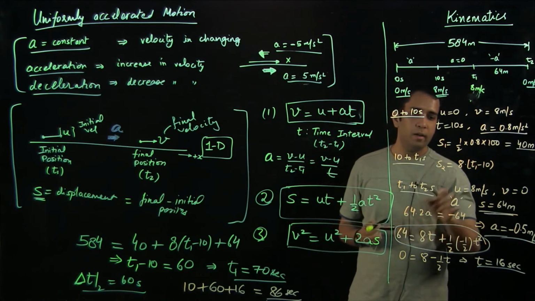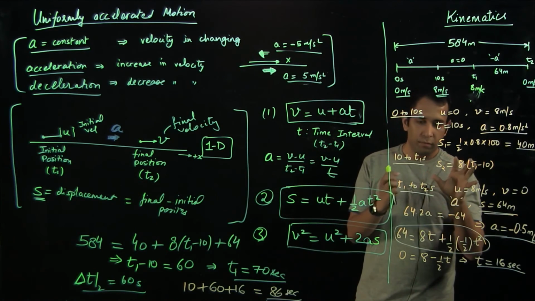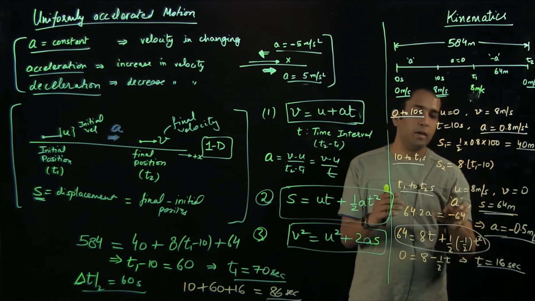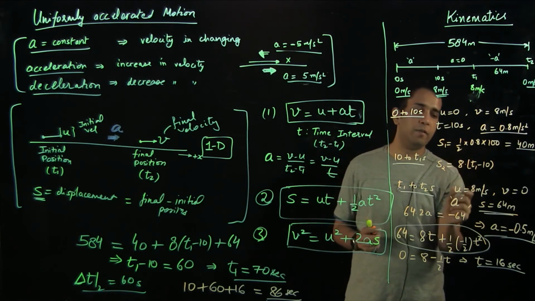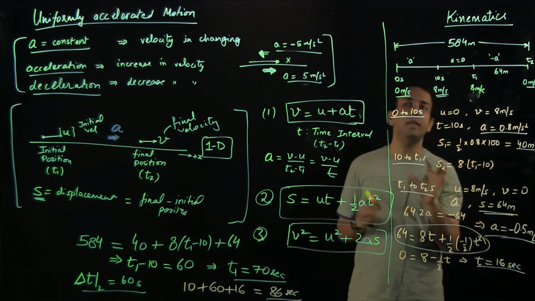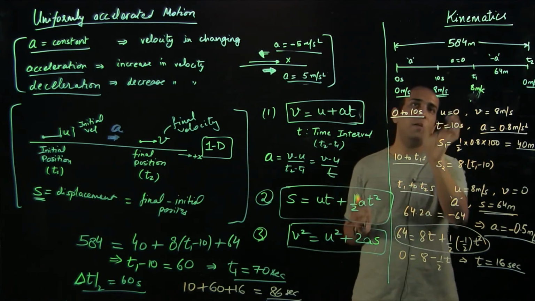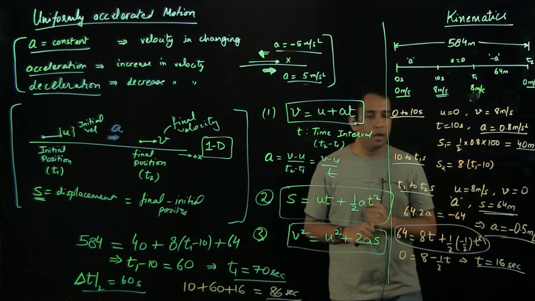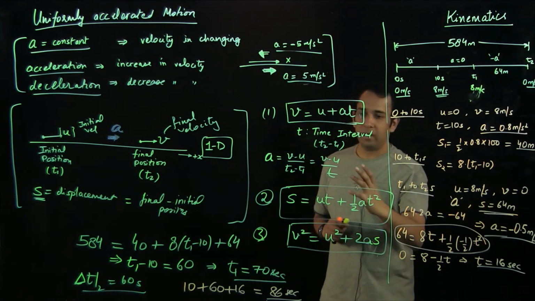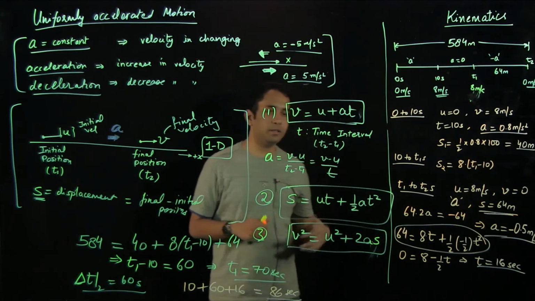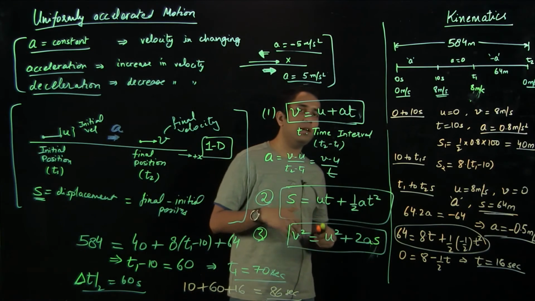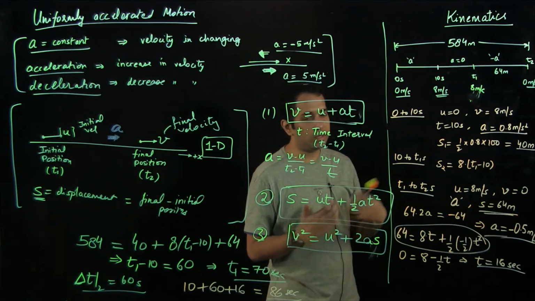Other than that, while solving, we looked at how we define the initial velocity and final velocity, because these depend only on the time interval we are talking about. And we also saw that it might not be useful to apply all the equations blindly, because one equation can be more easily applied than the other.